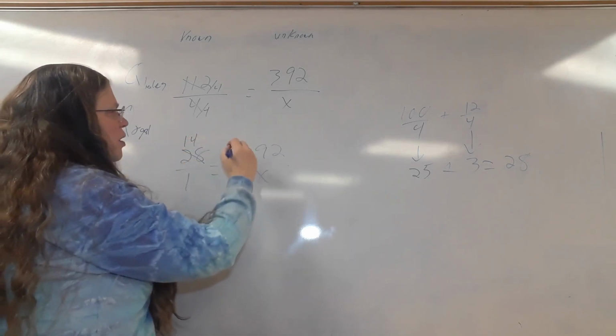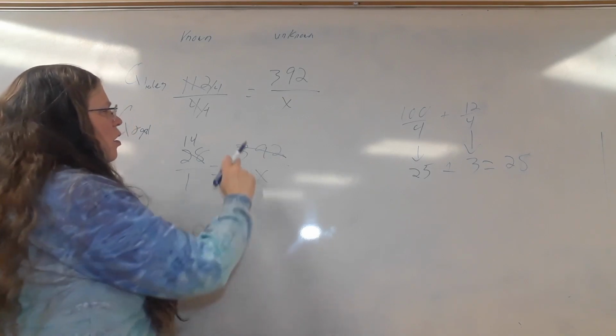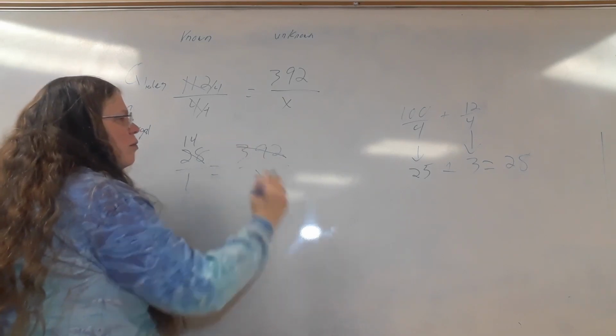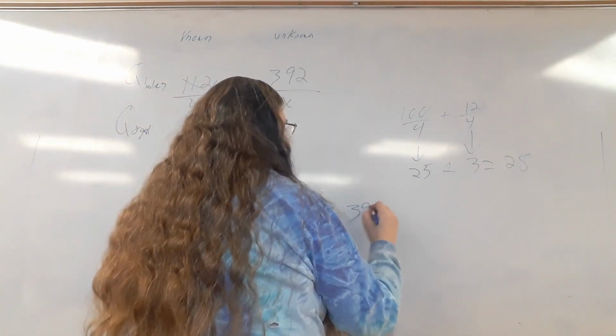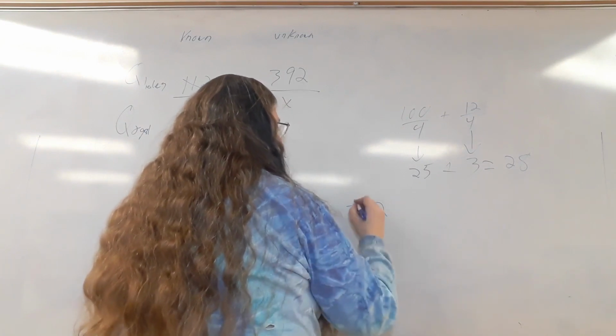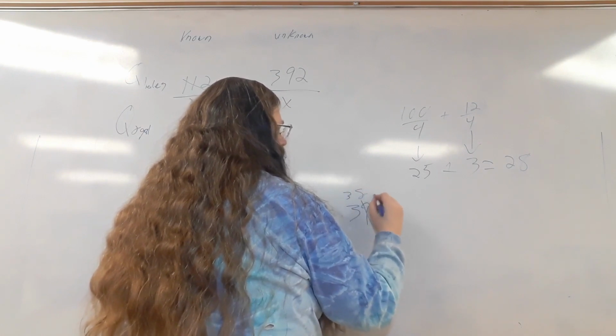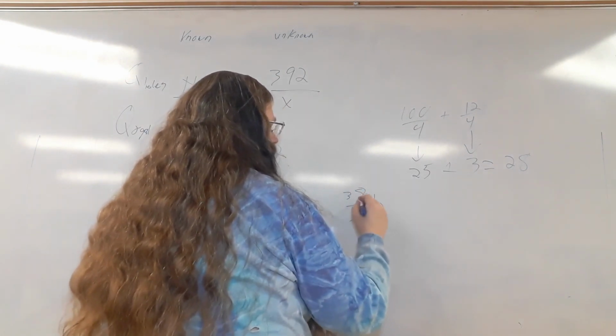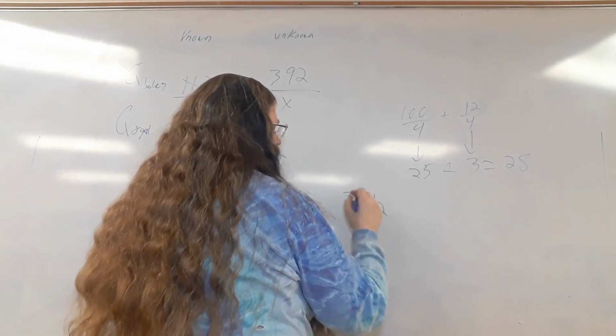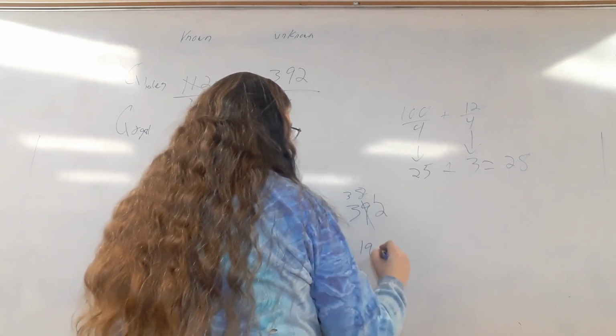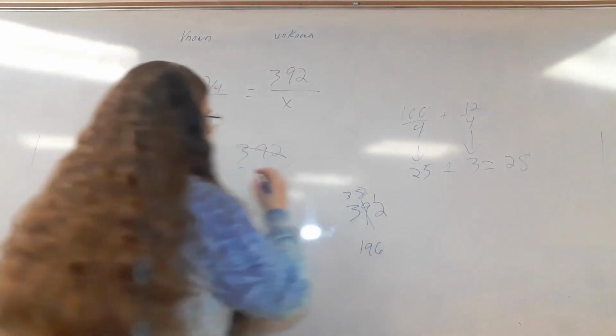They're both even, so we can take 2 out of both of them. Okay, 392, we'll use our trick from before. 38 divided by 2 is 19, and 12 divided by 2 is 6. So this is 196.